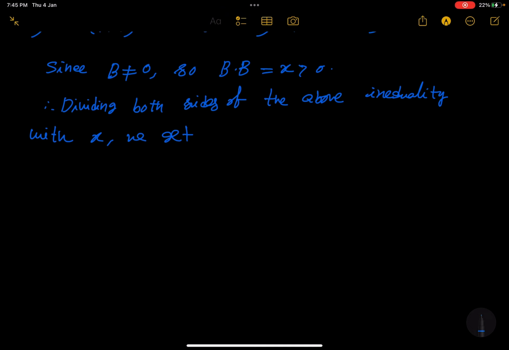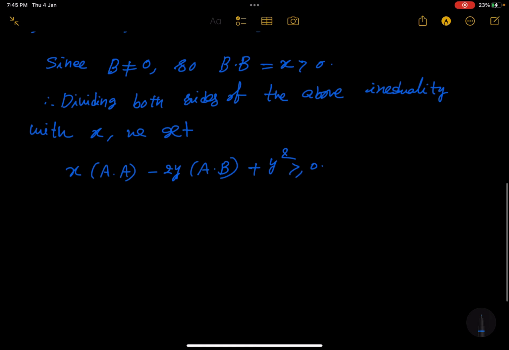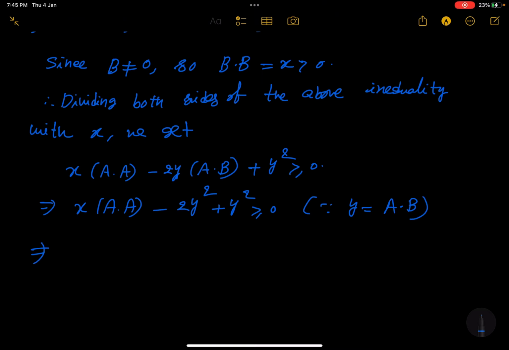x times A dot A minus 2y times A dot B plus y square is bigger than or equal to 0. But A dot B is y, so this is x A dot A minus 2y square plus y square, because y equals A dot B. That means x times A dot A minus y square is bigger than or equal to 0.